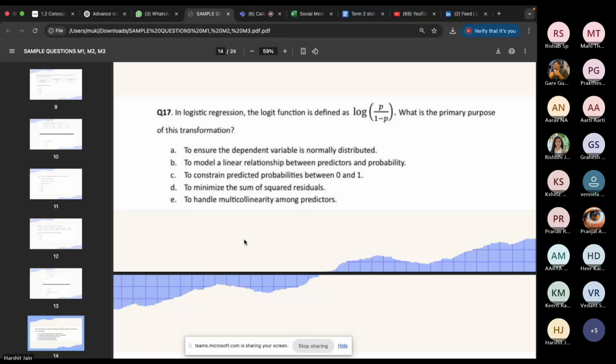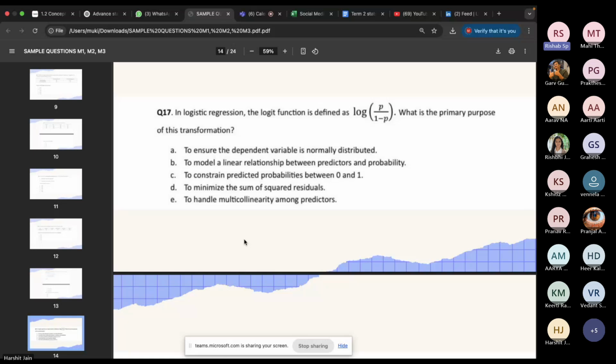We already know one thing, right? Log of this is equal to linear regression. So what is the characteristic of linear regression? In linear regression, the value can take any values between negative infinity to positive infinity, right?